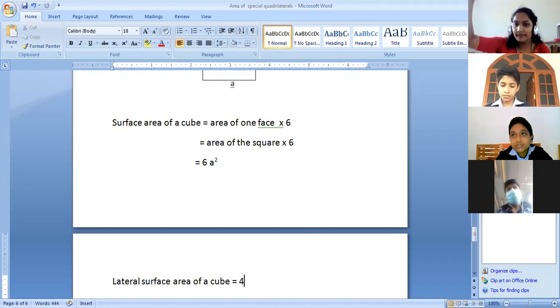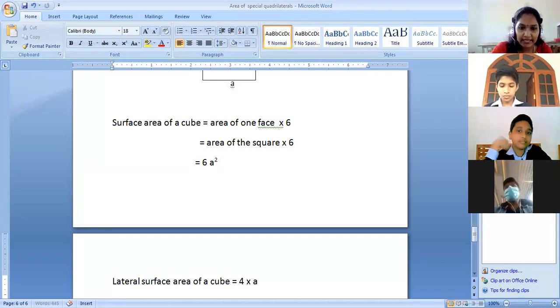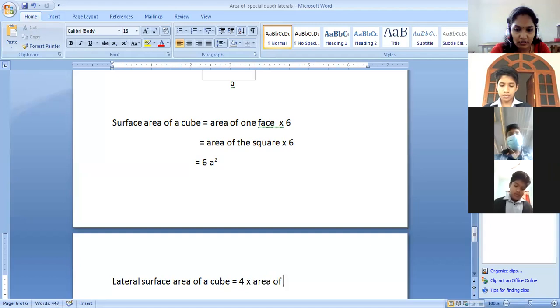Except base and top, we will consider all the other 4 rectangles or squares. Okay, all the other faces. So 4 into the area of one face.